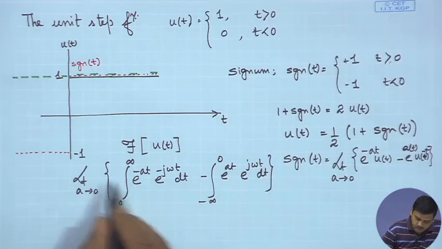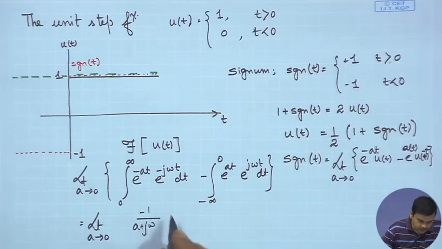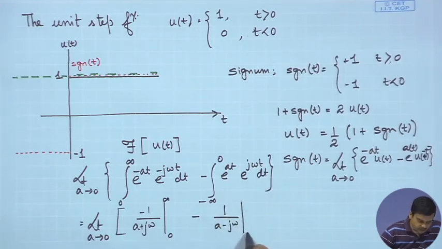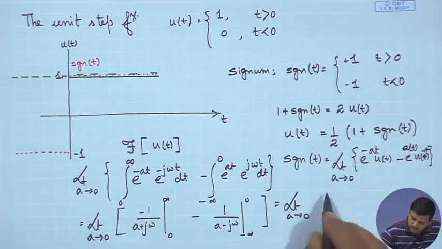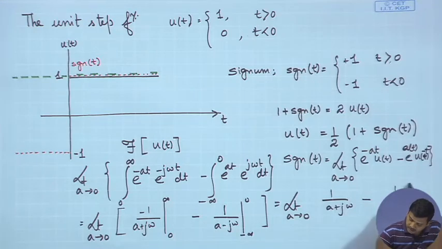If you work this out, this will turn out to be limit a tends to 0 of minus 1 upon a plus j omega, evaluated from 0 to infinity, minus 1 upon a minus j omega, evaluated from minus infinity to 0. This turns out to be limit a tends to 0 of 1 upon a plus j omega minus 1 upon a minus j omega.